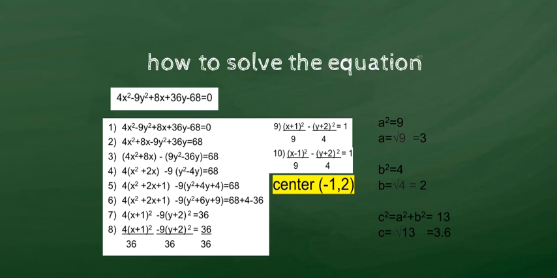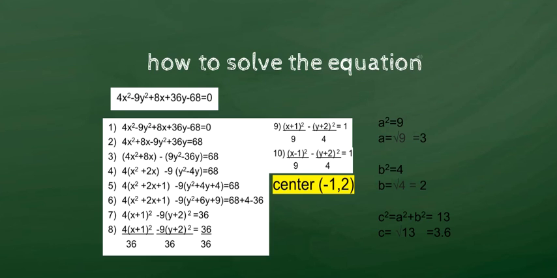Now, we are going to group the terms that contain the variable x using parentheses, and the terms that contain the letter y too. In this step, it's necessary to change the sign of the negative term so that the equation is fulfilled. Now, we are going to take the common factor of each parenthesis, using the coefficient of the squared letter.